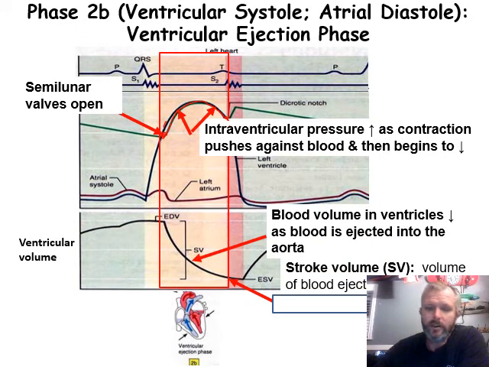One last thing to note in the ventricular ejection phase is when the blood is pushed out. Alright, so you can see the volume of blood is going down in the ventricles because that blood is being pushed out into the aorta.